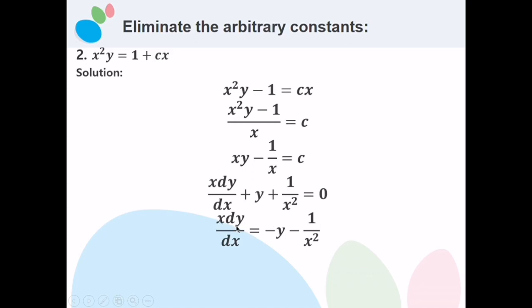So x dy/dx equals negative y minus 1 over x squared.